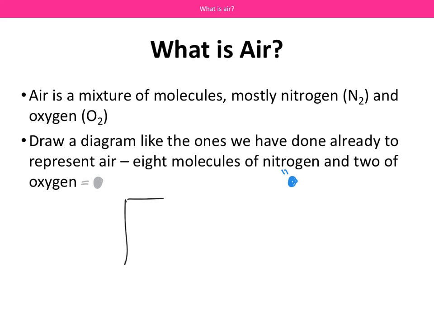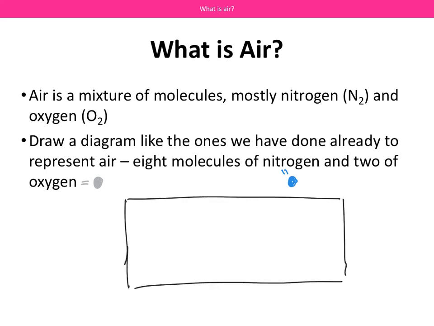And so what we need to do is draw our box. Not brilliantly drawn here, you can do a better job than me. You need to draw a box like that, and fill it with 8 molecules of nitrogen and 2 of oxygen. If you can't remember how many atoms are in nitrogen, maybe you should look back in the video a little bit earlier to where we looked at the different formulae and how many atoms of each element were in those formulae, maybe just to remind yourself.